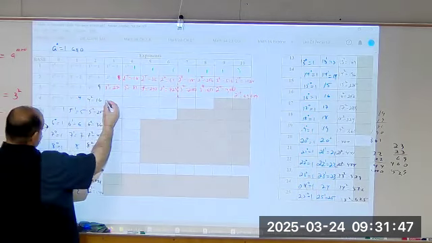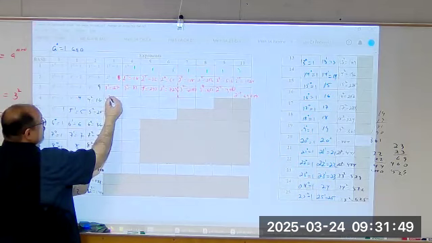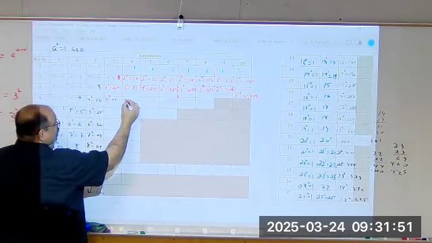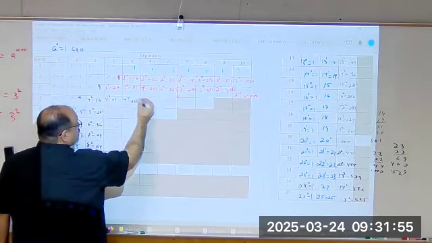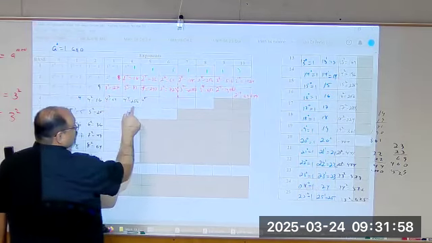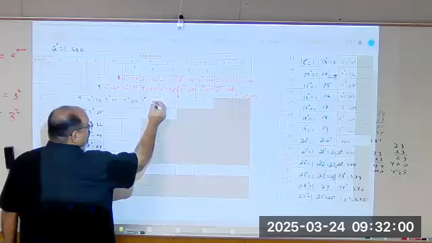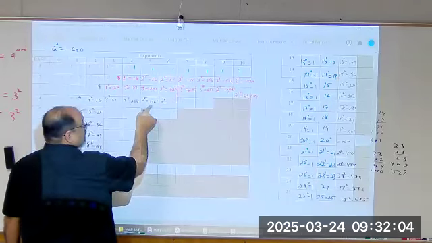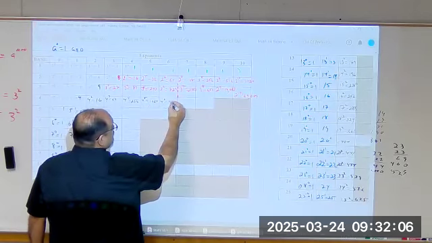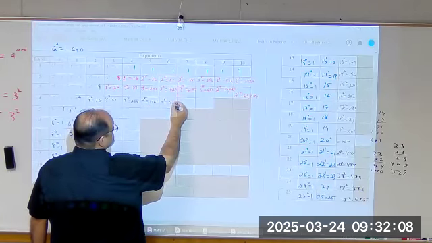Multiply by 4. This one's going to happen a lot. 4 to the third, 64. 4 to the 4th multiplied by another 4, we get 256. 4 to the 5th multiplied by another 4, we get 1,024. 4 to the 6th, we're going to multiply by another 4, so we're going to get 4,096.